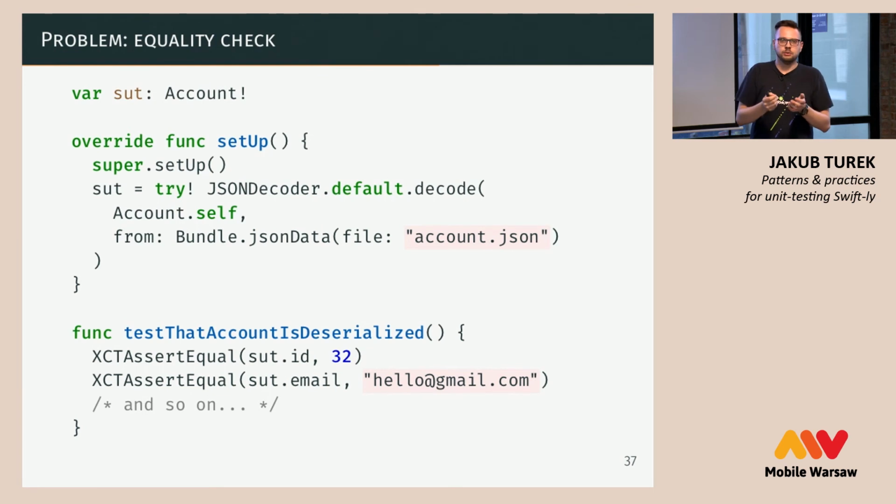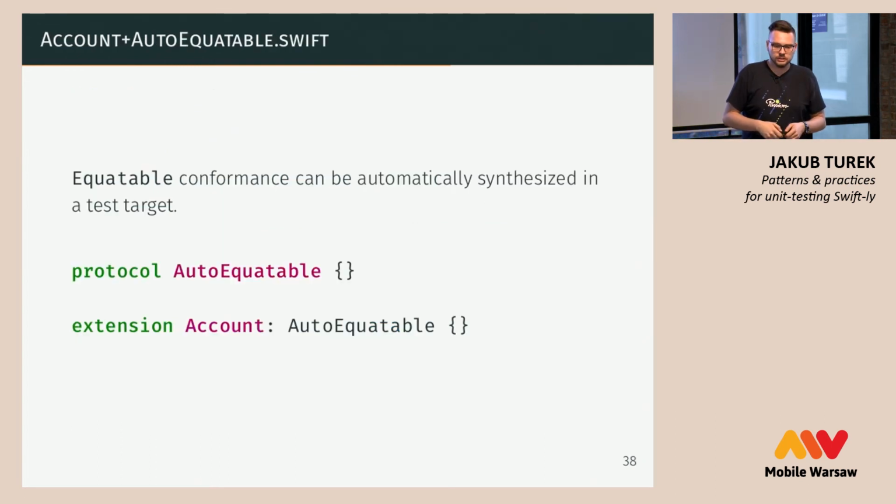But to have an equality check, you need to implement your own equals method, and that should be tested too. And it's pretty much an overhead because you are doing that for the test code only. Using Sorcery, you can automatically generate or synthesize the equatable implementation.